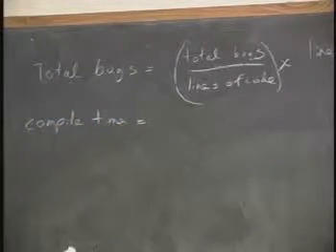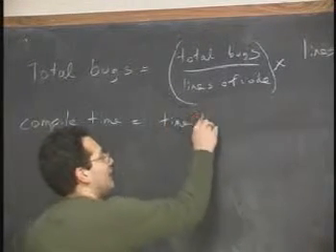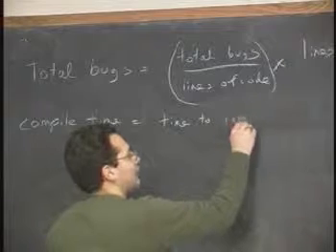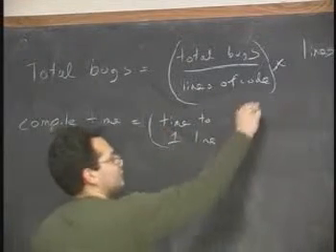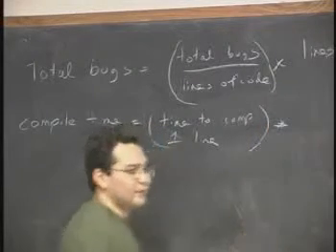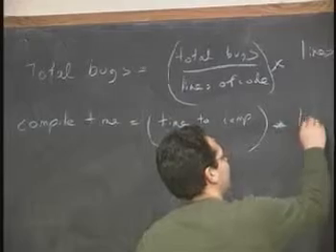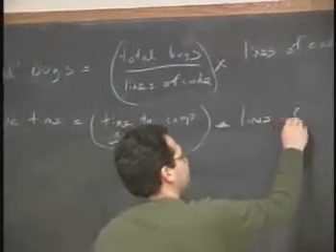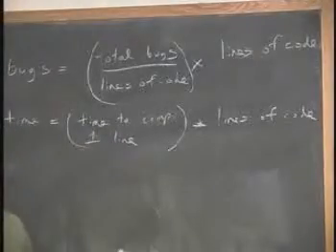Well, the compile time is going to be the time to compile, and I'm going to abbreviate here, one line of code, right? That times the number of lines of code, right? And this is how long it takes to compile the whole thing once.